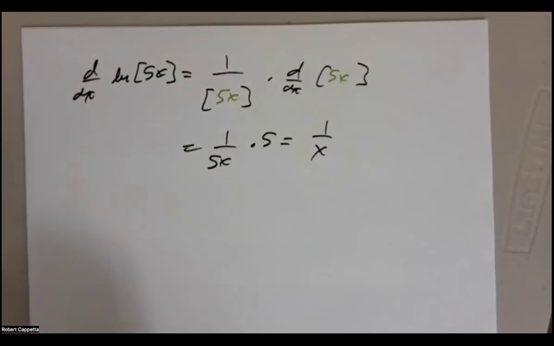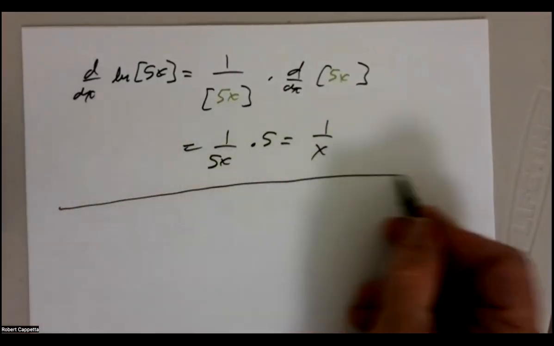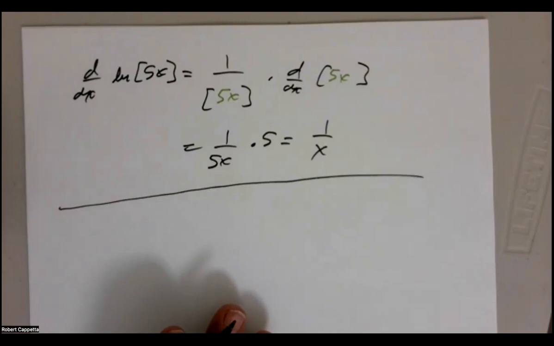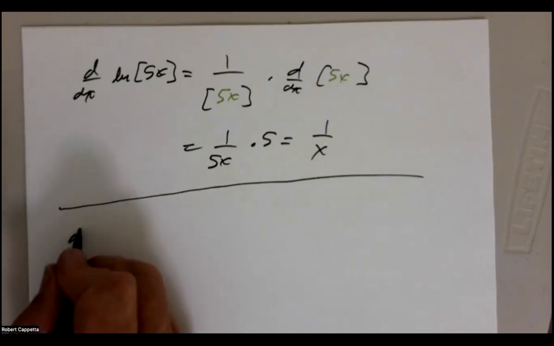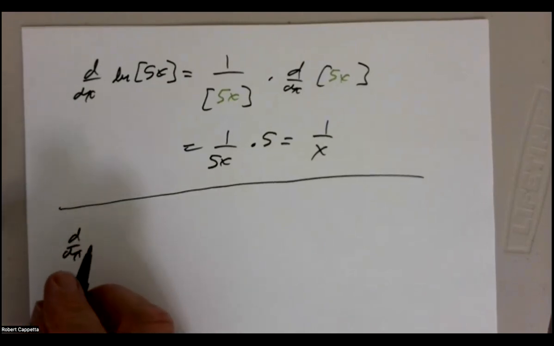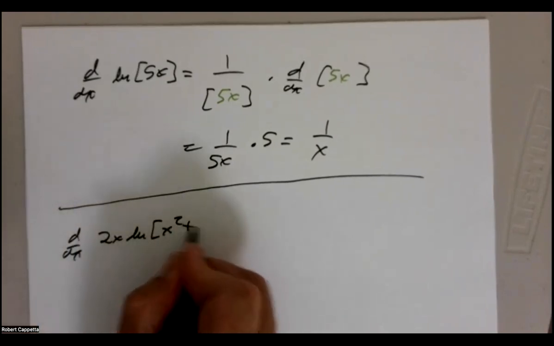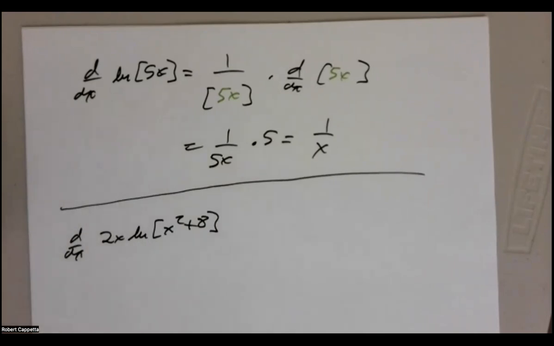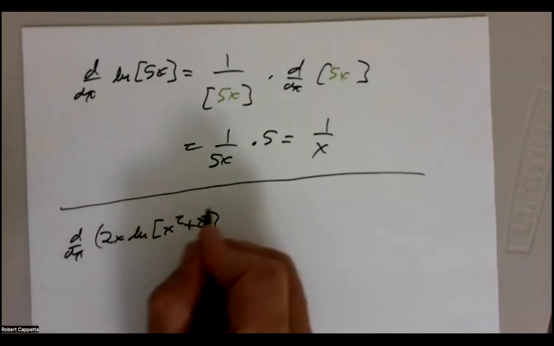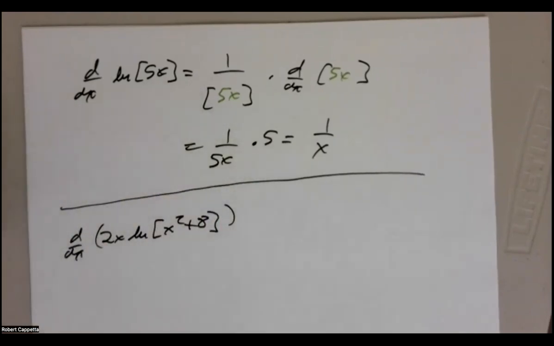Boom, nice. The next example I have is I want the derivative of 2x times the natural log of x squared plus 8. And this is going to require us to use the product rule.